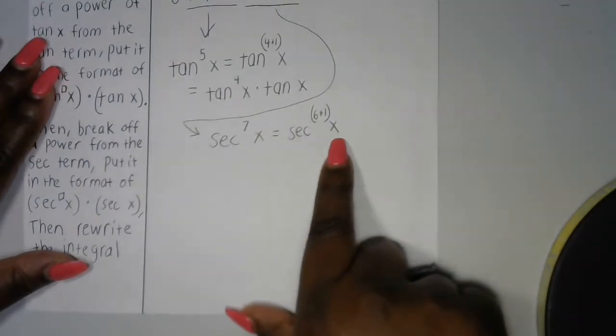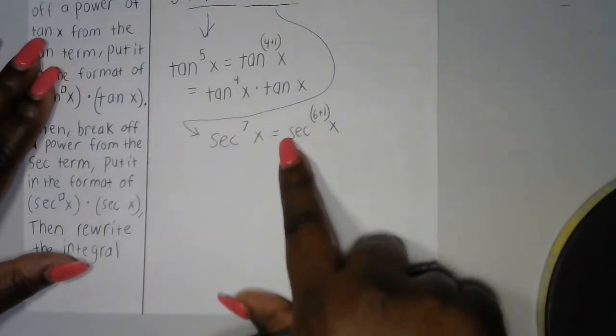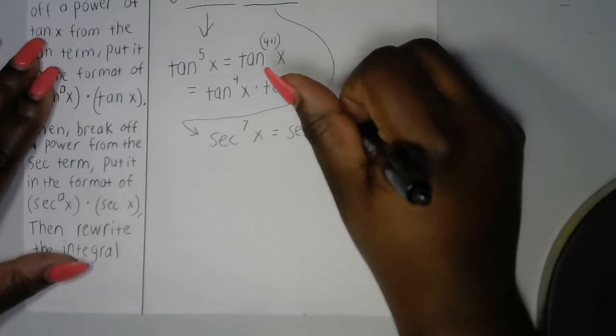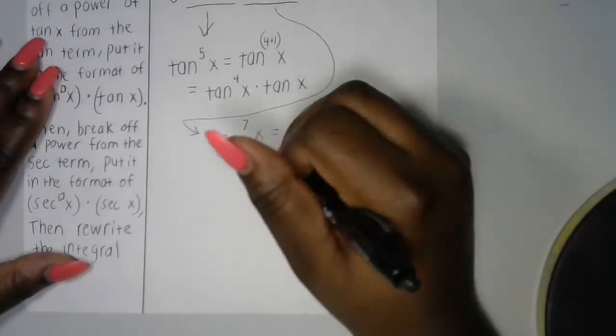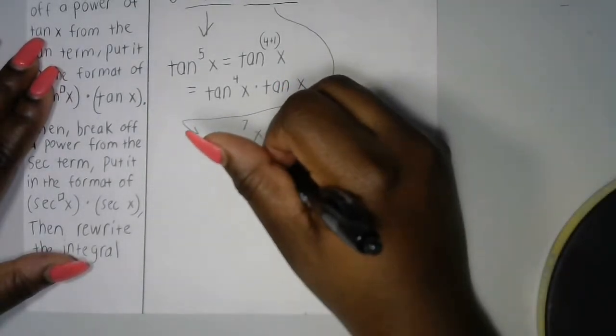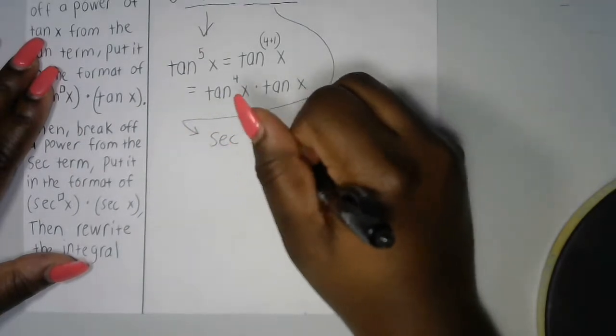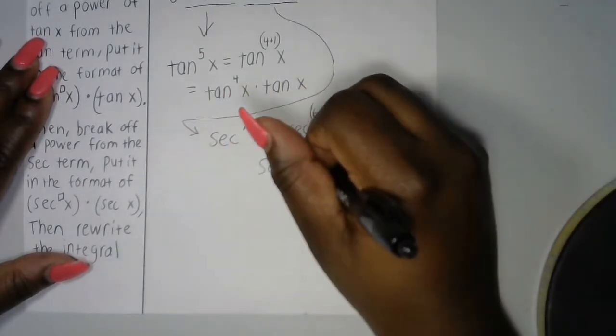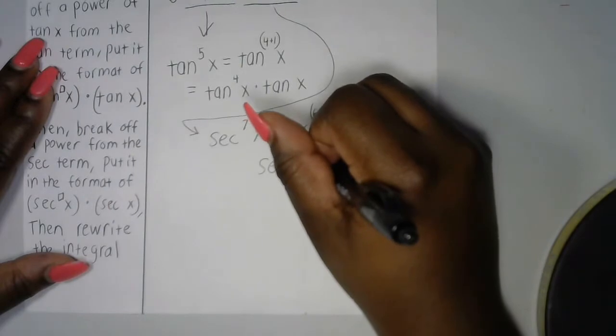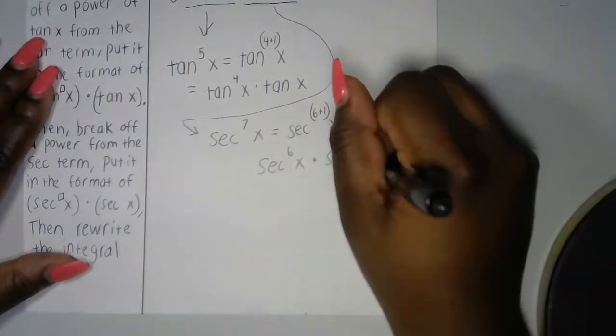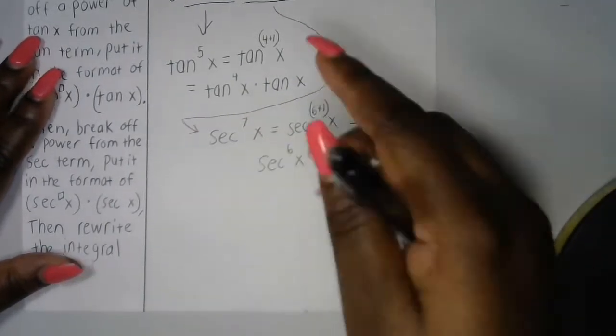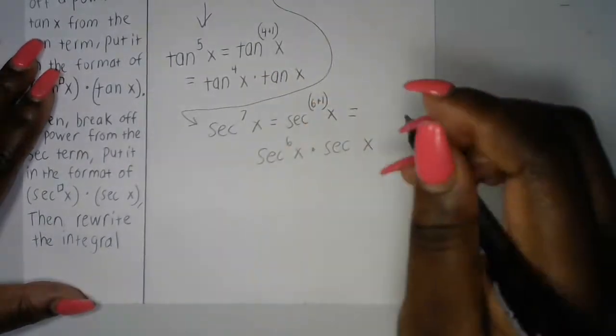From rule number 1, the exponents are added, so this can be broken down into secant x to the power of 6 times secant x. And this is to the power of 1, but anything to the power of 1 is itself, as you guys know.